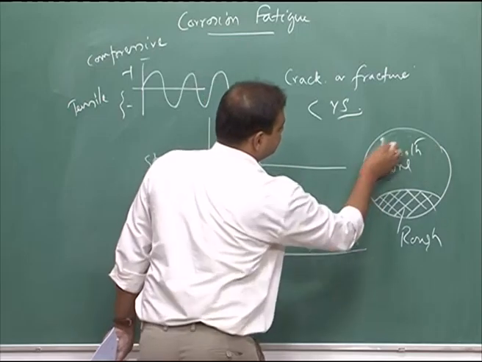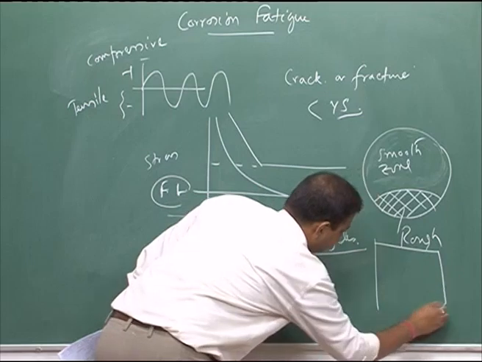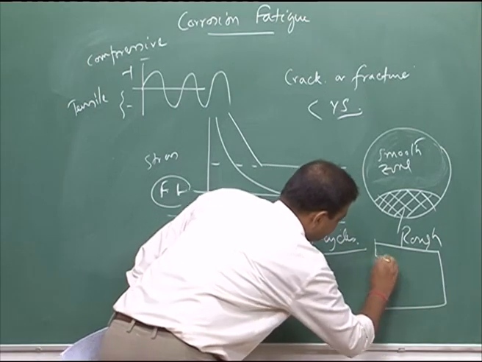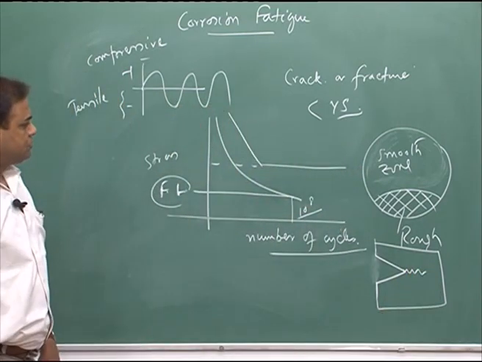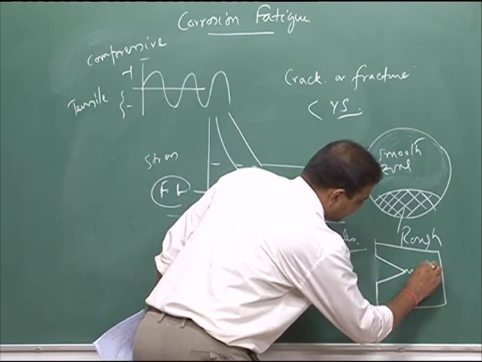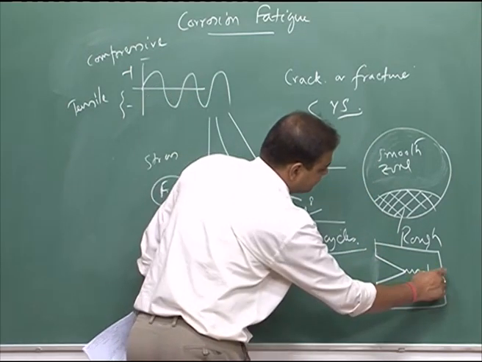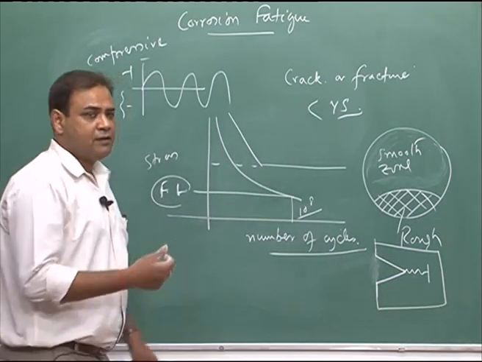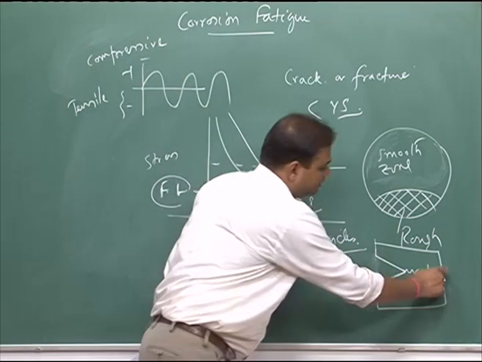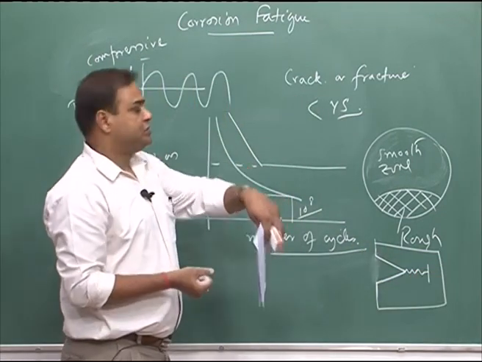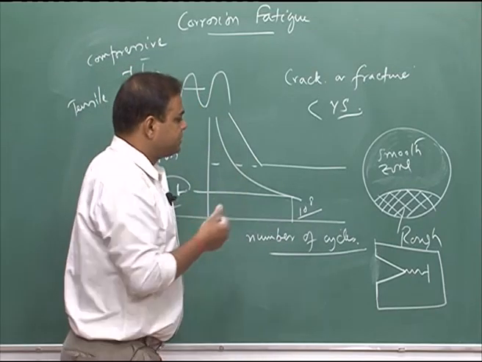If you see this material, the crack is growing via fatigue mode, and up to a certain limit the fatigue crack can propagate, and after that you have a small ligament which is failing due to the mechanical effect. That means, in this small ligament you have a stress which is more than the ultimate stress which can be withstood by the material.